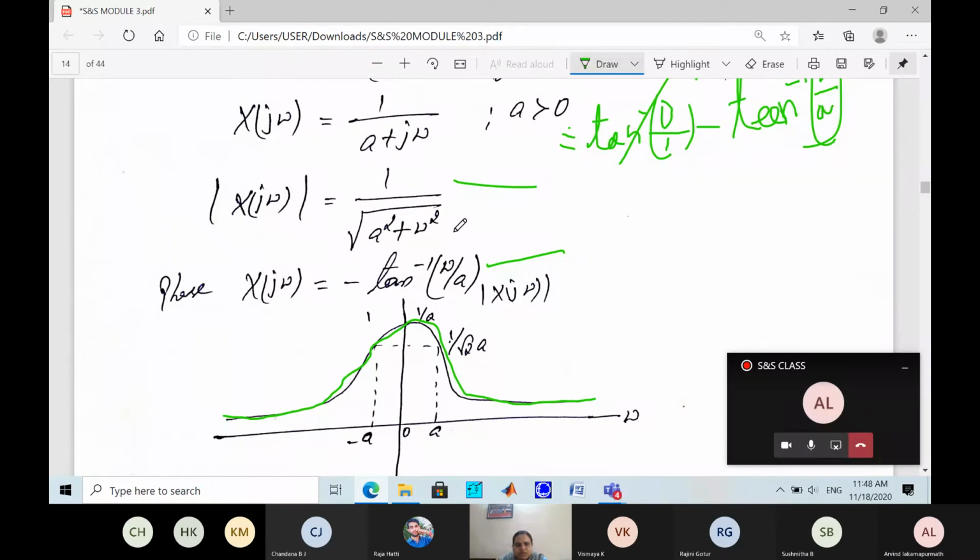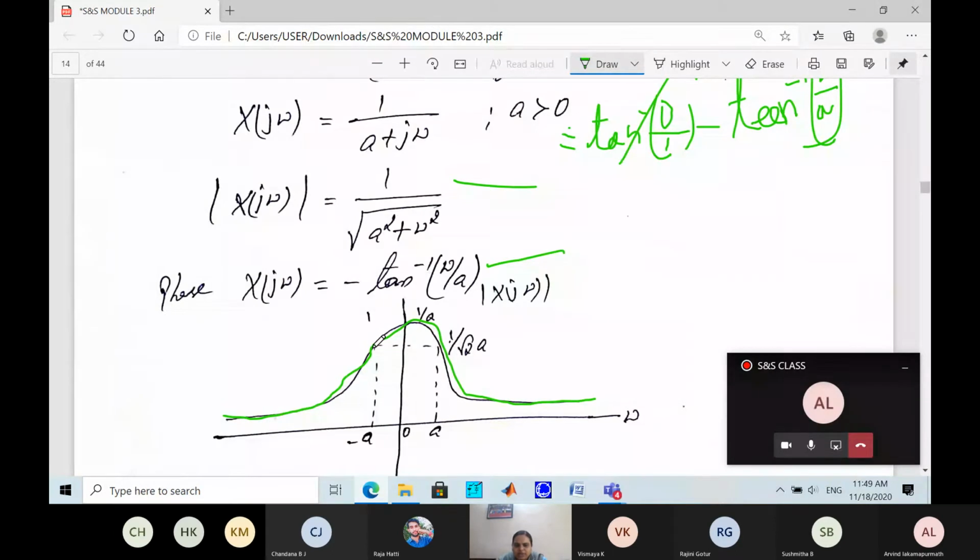When omega is equal to a, positive a means a square plus a square, 2a square, right? That is nothing but 1 divided by square root of 2 into a. You will be getting 1 divided by root 2 into a. In the negative value, minus a, if I substitute for omega, we will be getting the same, because minus a square means again plus a square.